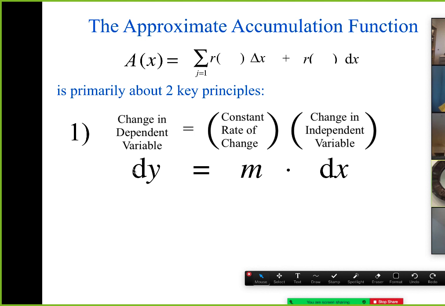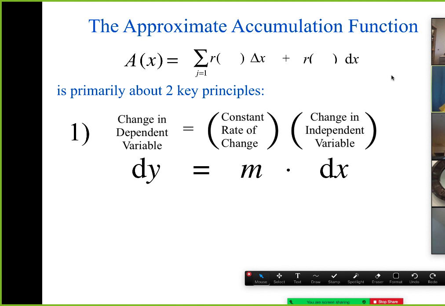Oh, Angel made it, great. So what do we think? Where do we see that showing up here? In the accumulation function, on the left side with the plus sign, you have your delta x, which is like those small intervals, changes in the independent variable.